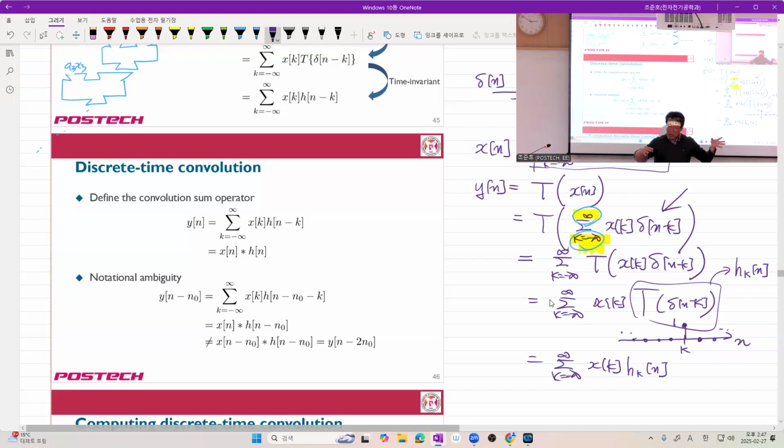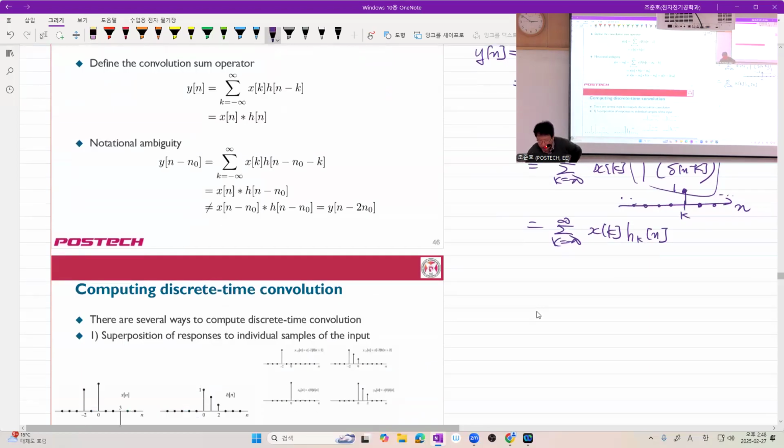Now, this impulse is located at 2, then you have the output, and what is the name? h sub 2 of n. What are the relations between these h sub k of n's? So let's think about the impulse response where this unit sample is located at 0. This is the signal. Now, what is the relation between this and that one?